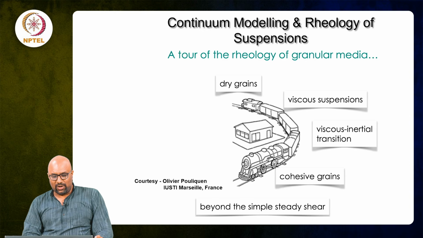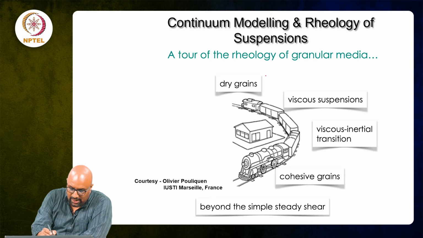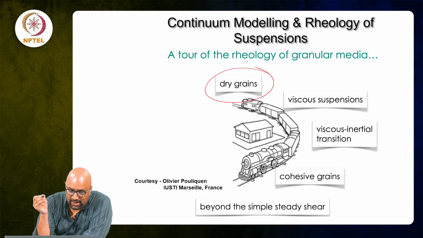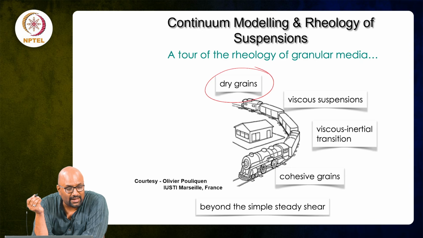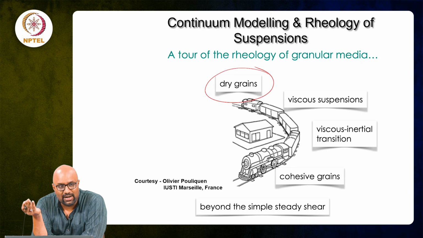And again in that you can have various kinds of classification. You can start from scenarios where you are thinking of dry grains. Dry grains, you think of your sand clock, that is a dry grain. The intermediate medium has just air in it, no liquid that is wetting those grains. So, that is your dry grain.